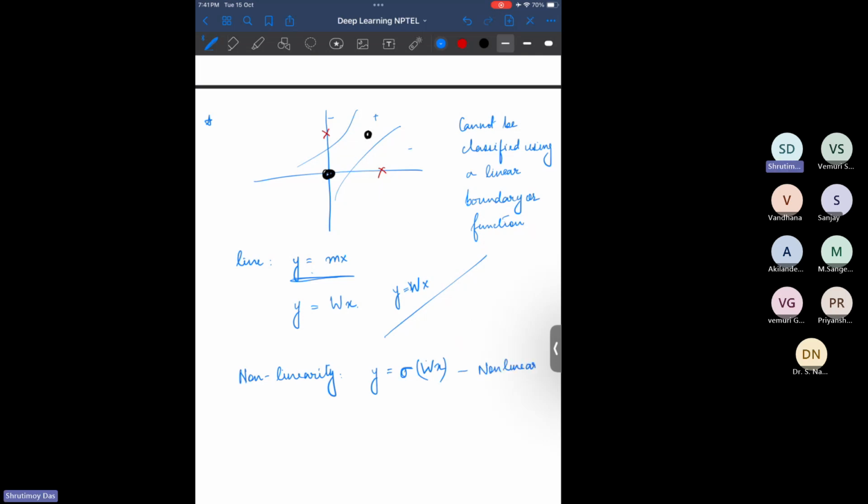When we talk about linearity, anything that can be written as a matrix times a vector is linear. These things are called non-linear, these things are called linear. By linear, we can think of some form of a line. But if you have some function of this wx, that is non-linear.